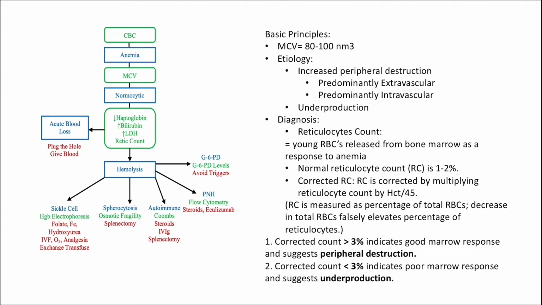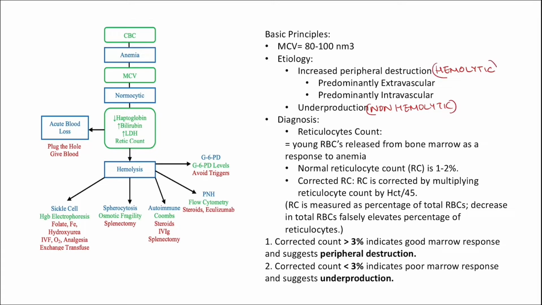So, coming to the basic principles of normocytic anemia, like I said, the mean corpuscular volume is 80 to 100 nanometer cube. The etiology, again, could be hemolytic or increased peripheral destruction, and non-hemolytic or underproduction anemia.